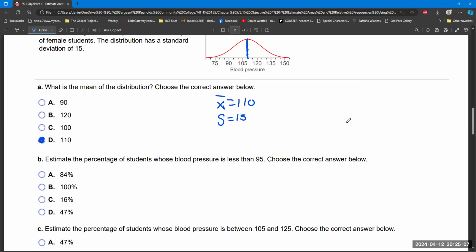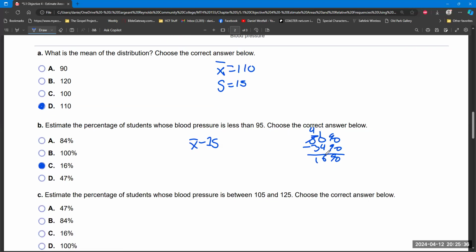And then 95 is going to be X bar minus 1S. So this is really the same question as before. We just have different numbers, and they want you to see that if we do less than, that 50% minus that 34% was that same 16% as before.